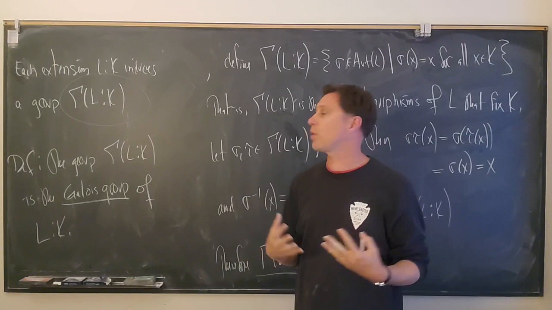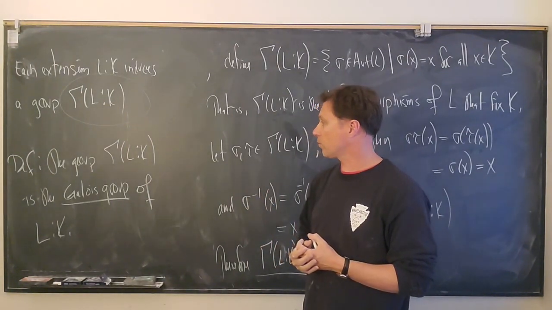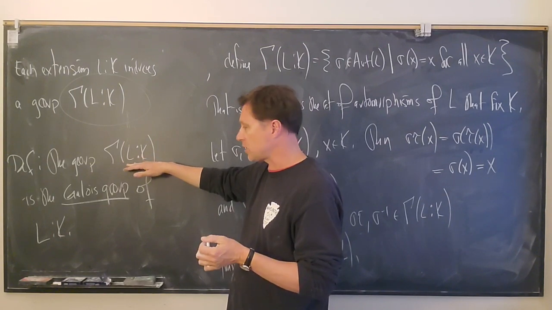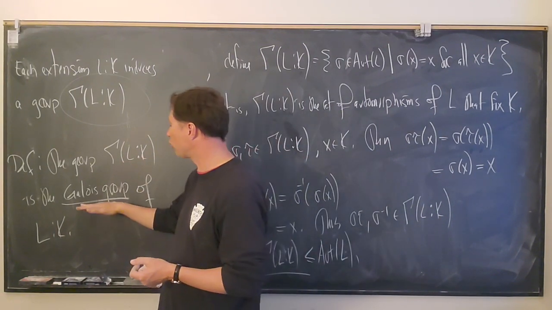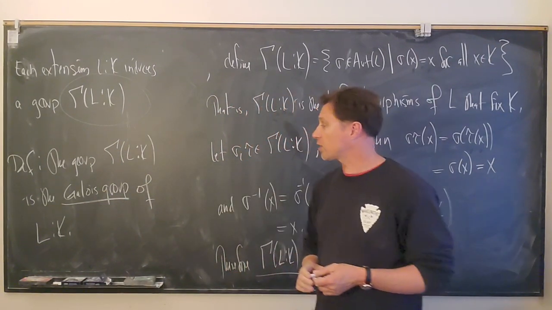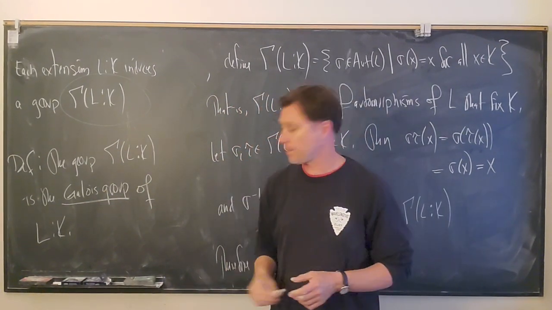This is the amazing part about this theory, right? Every time we have an extension, if we want to study extensions, it gives us this corresponding group that we can study, this gamma of L over K. Okay, so that's a good place to stop. We will see you next time.